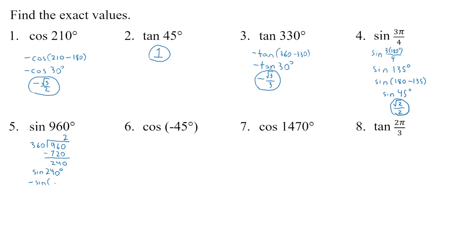And to find the reference angle, you subtract 180 from 240. And this would be negative sine of 60 degrees. Therefore, this would be negative square root of 3 over 2.